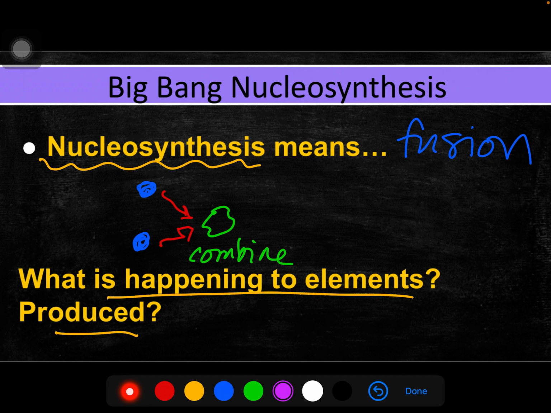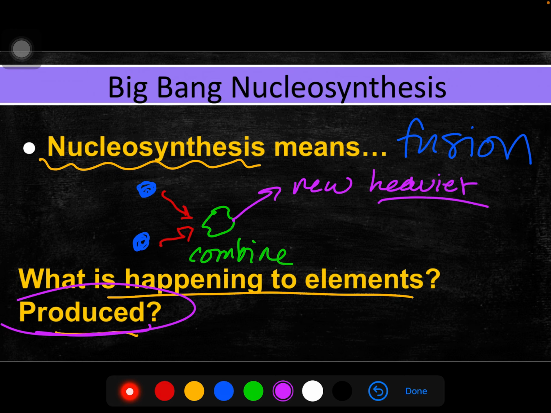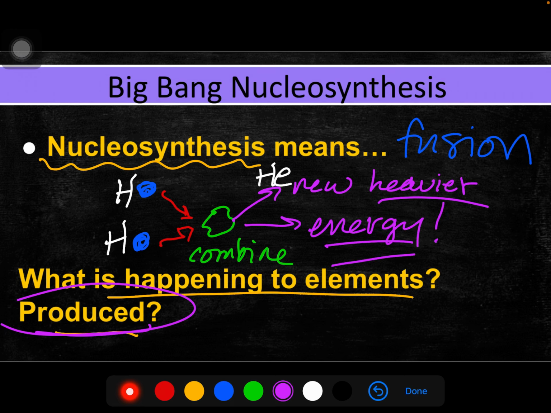And as they combine, we're seeing two things come out of that combination. One is a new, heavier element, right? Made of more stuff. The example we looked at yesterday was hydrogen into helium. And the other output is a level of energy. So energy is released as elements combine and fuse into one.